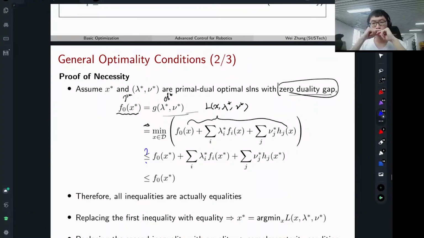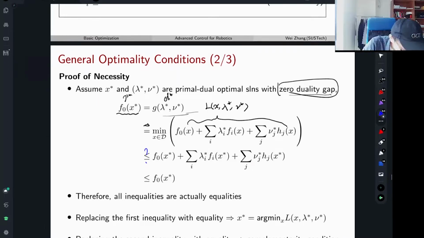If I write it in a more compact way, the min over x of L(x, lambda star, nu star) is always less than or equal to L(x star, lambda star, nu star).